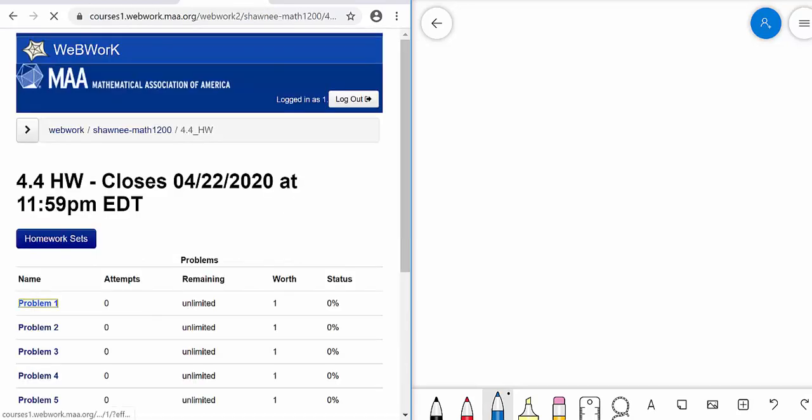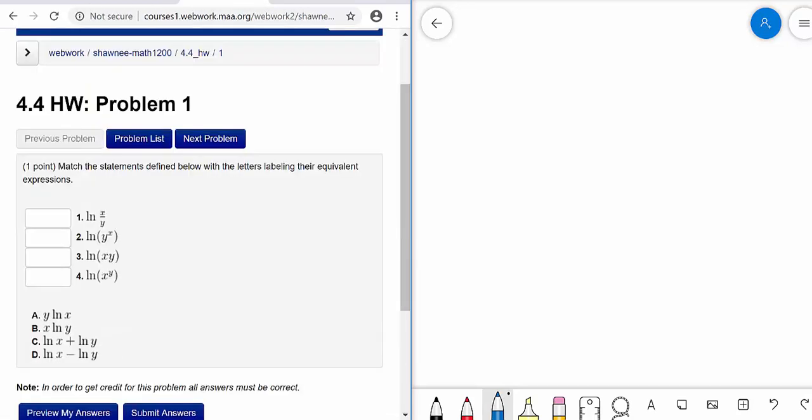So let's look at problem number one. Problem number one just tests whether you can use the laws of logarithms to rewrite certain expressions. So if we look at number one, we have the natural log of x divided by y. As we just saw, when you have a log of a fraction, you would subtract the log of the bottom.